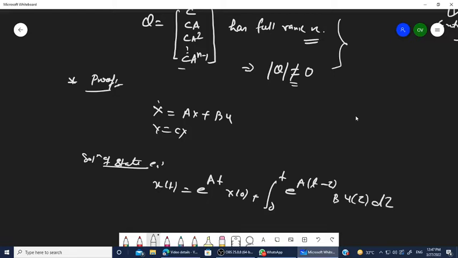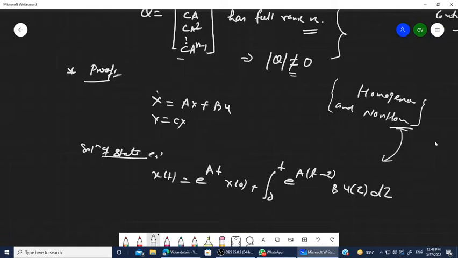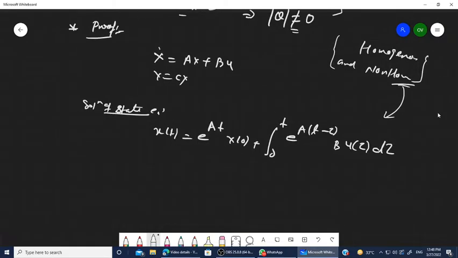We already discussed the homogeneous and non-homogeneous equations, and in both scenarios we found the solution of this equation. It is simple.